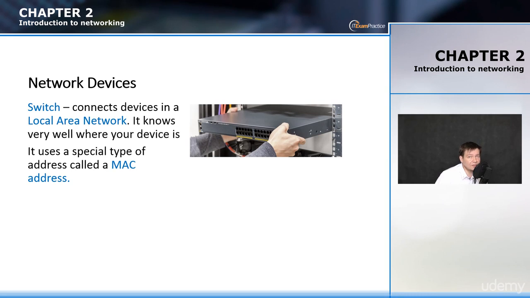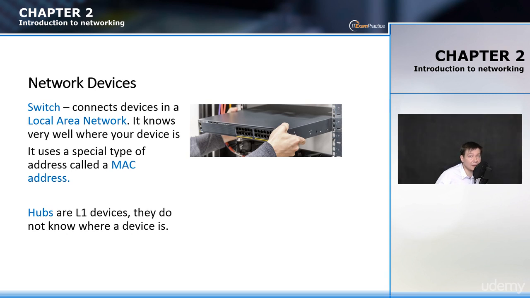So if I want to send a message from point A to point B, let's say to a printer, I want to print something, your switch knows where this printer is. It knows all these things thanks to a MAC address. It is a special address that we are going to cover later on. A MAC address allows a switch to identify a network device.